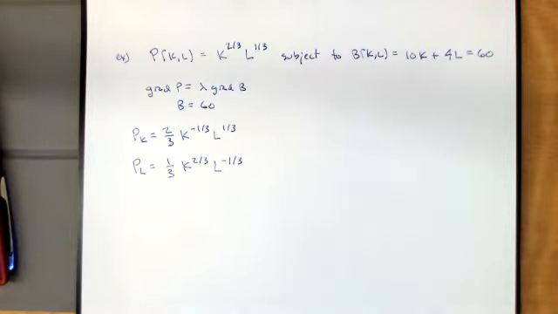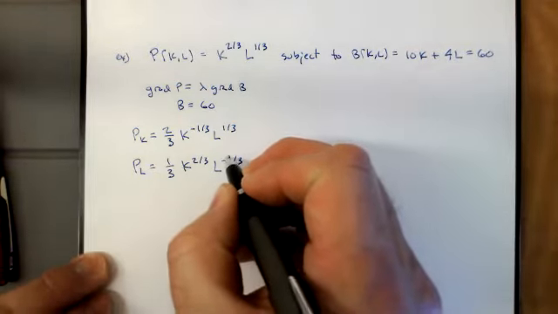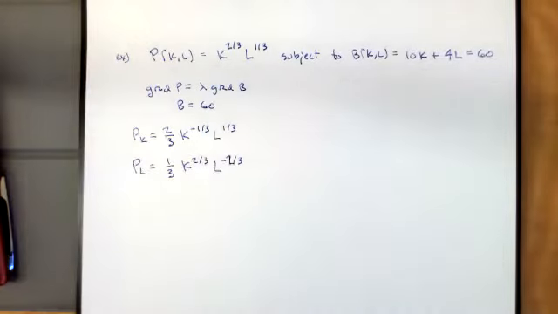Now I just have opposite exponents. L to the negative 2/3. So we end up with these opposite exponents. I wonder if that's why they wanted it to add up to 1. So we just get this cool situation.